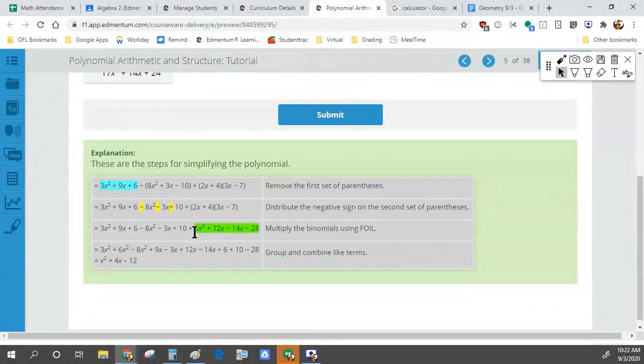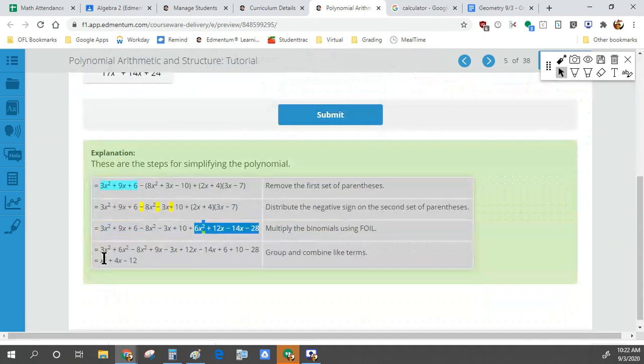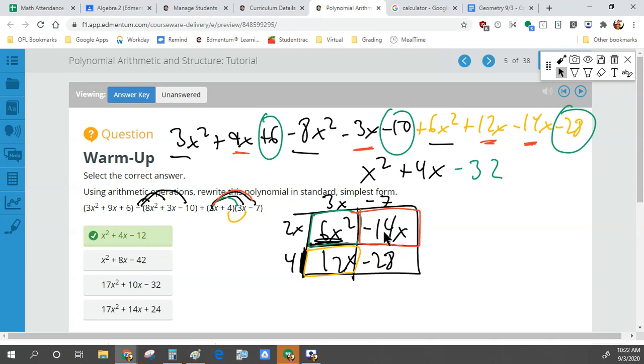Okay, so we did this. So this was what we got from the box method, which is right. And then I must have done something wrong here. 3, that's the x. 6. Oh, this is a positive 10. This negative turns this into a positive 10.